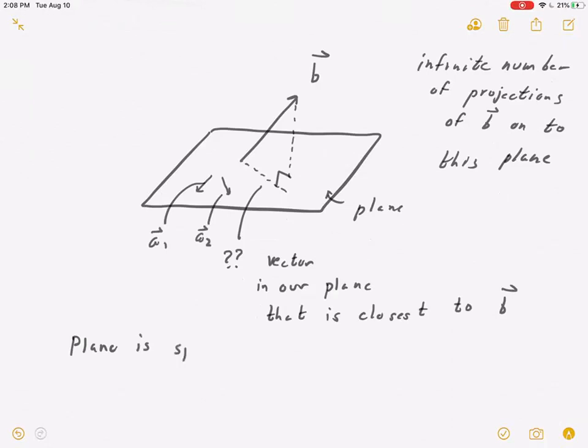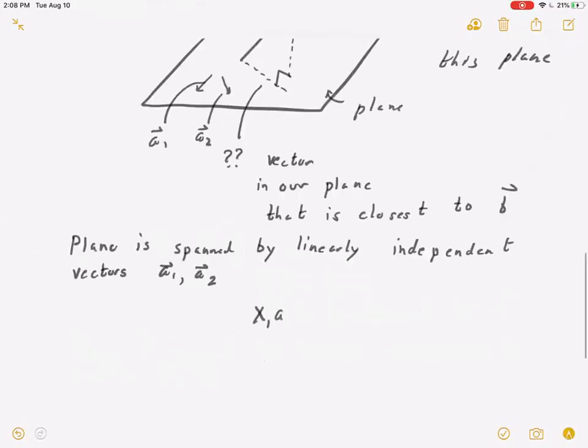So the plane is spanned by linearly independent vectors, A sub 1 and A sub 2.